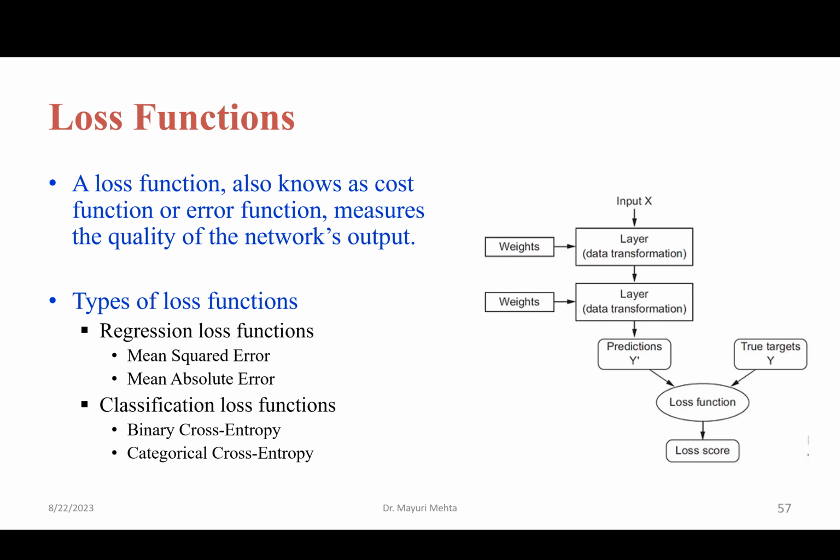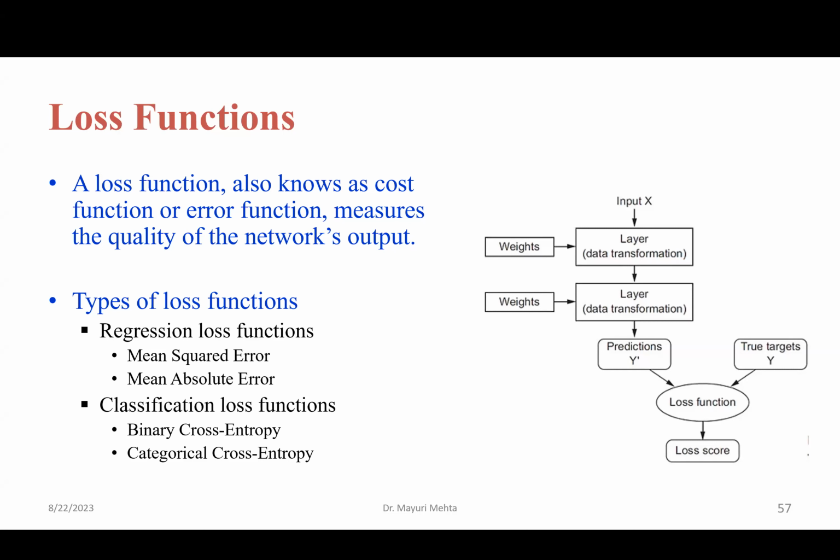Now, there are not only two regression loss functions or two classification loss functions, but I have included the popular loss functions here. Otherwise, you'll find some other loss functions in literature too. I'll tell you their names, and later you can search them in Google and explore them. But these are the popular loss functions used with most regression and classification problems.